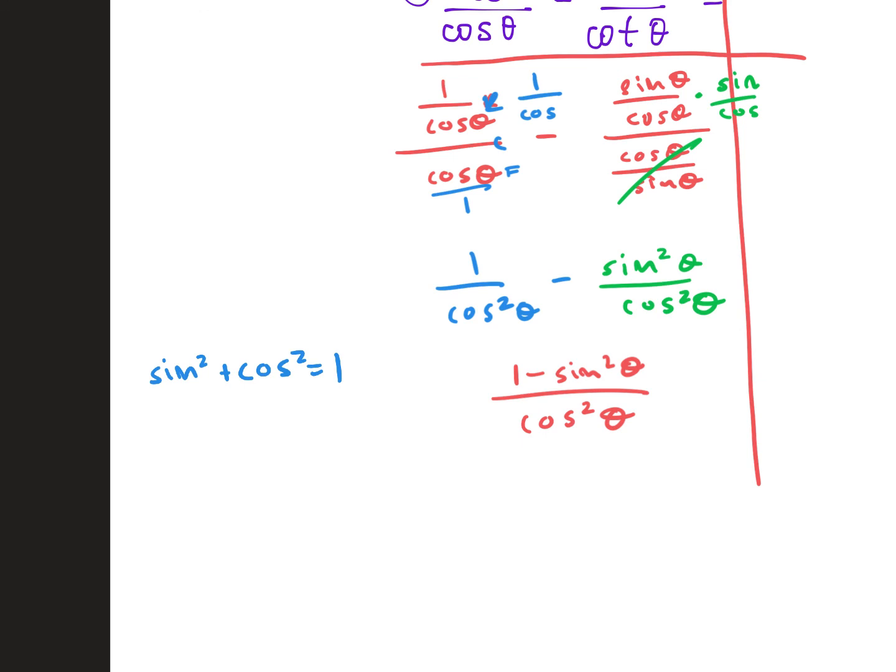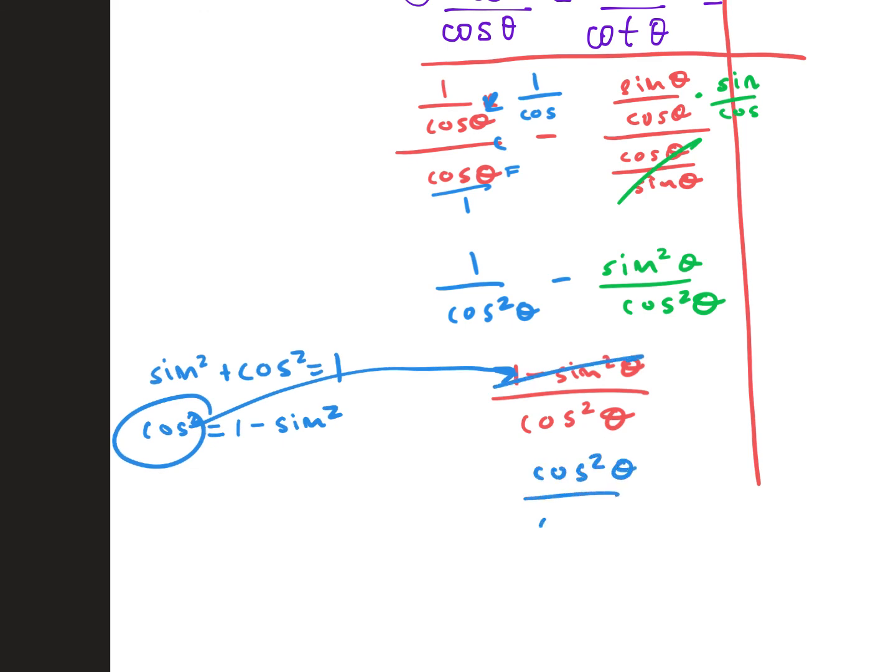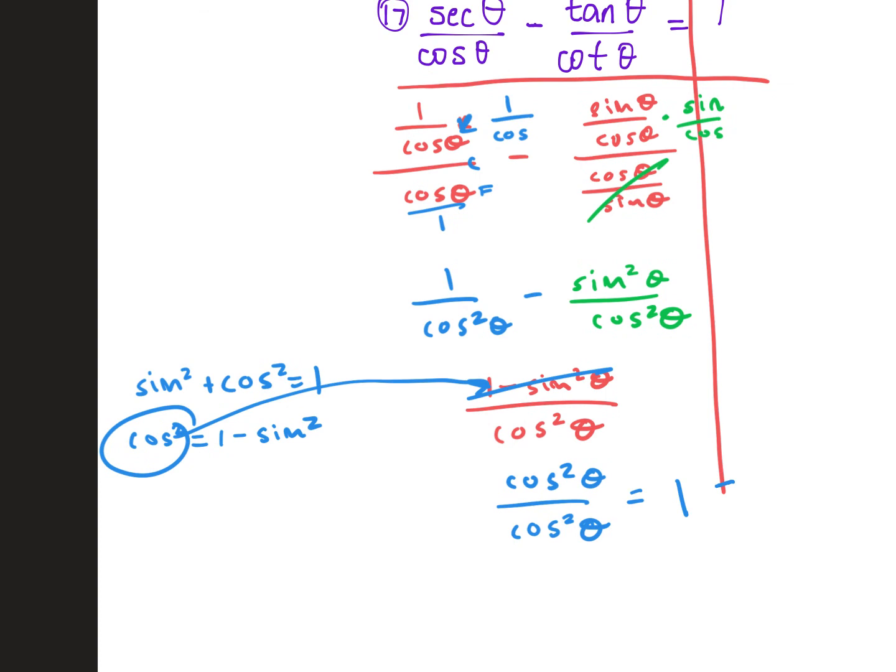So then to make this look like 1 minus sine squared, I have cosine squared is equal to 1 minus sine squared. So I'm going to take cosine squared and substitute it in there. So I end up with cosine squared over cosine squared, which is 1, which is my goal.